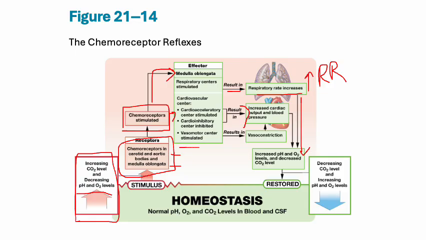And the vasomotor center is stimulated, and we're going to cause vasoconstriction, which is going to shunt more blood back toward the heart and the lungs so that we can get more perfusion in the lungs and allow for more oxygenated blood to get circulated back into the body. So it's going to decrease carbon dioxide and increase oxygen levels, and the chemoreceptors are going to sense that we've come back to normal.